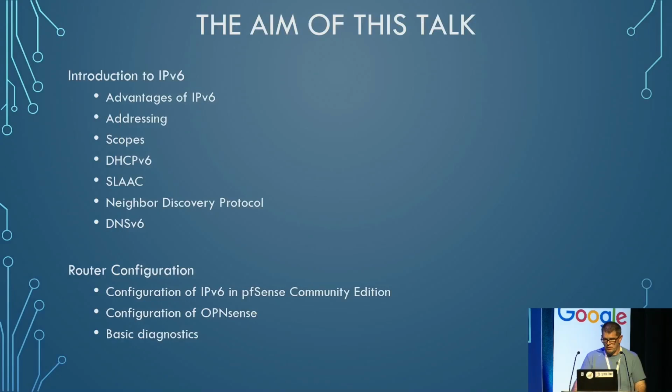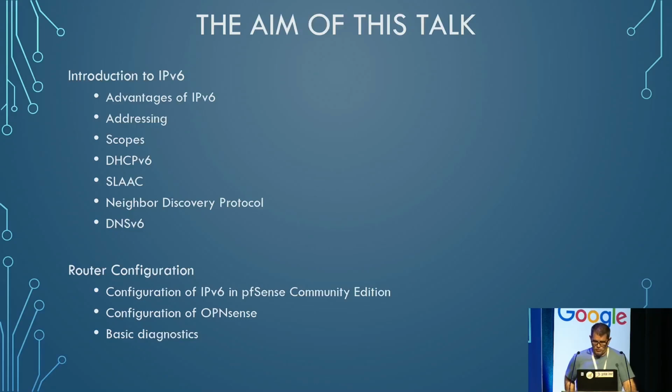So the aim of the talk today, as I said, is to give you some understanding and some mechanics around IPv6 and a working knowledge, so when you go to configure a router, you understand why we're configuring things the way we do. Unless we understand it, we can't. This is by no means going to be a comprehensive tutorial, but hopefully you'll understand enough to be able to engage with it afterwards.